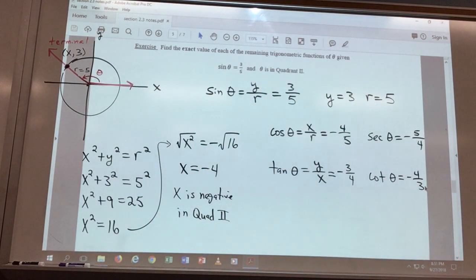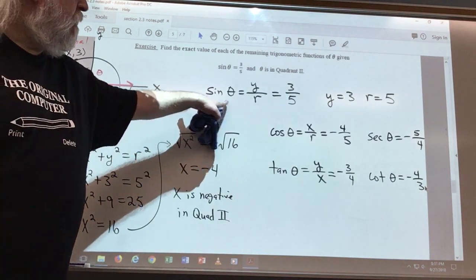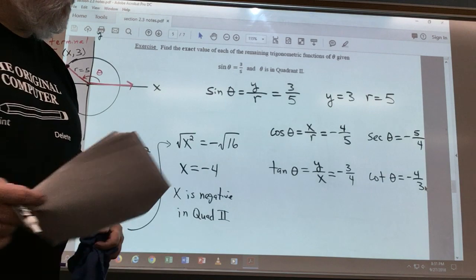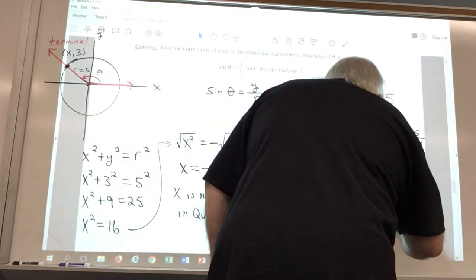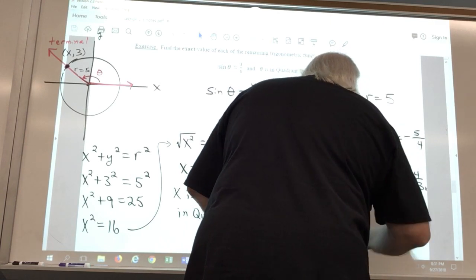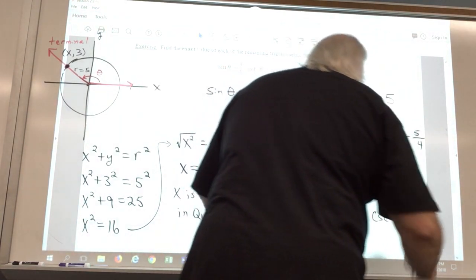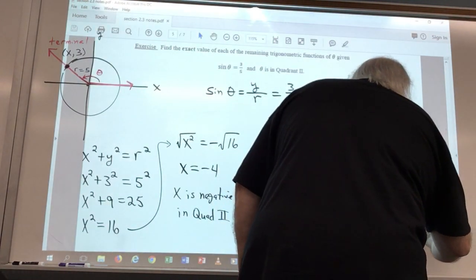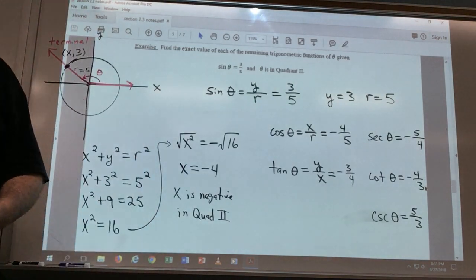And lastly, cosecant theta is the reciprocal of sine. We know sine theta is equal to 3/5. So cosecant theta is equal to 5/3. The reciprocal of 3/5 is 5/3.